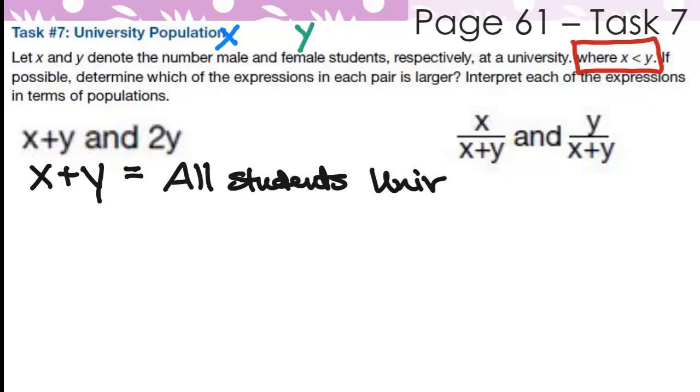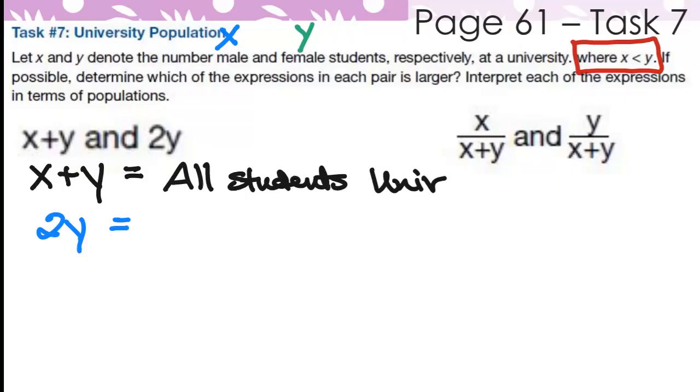Okay. And how does that compare with 2Y? And what does 2Y represent out of this word problem, story problem? What does this represent? Two what? Two female.